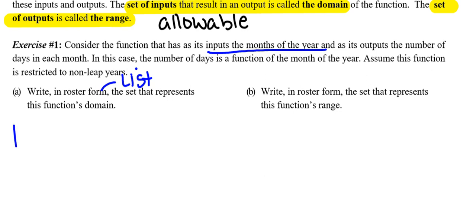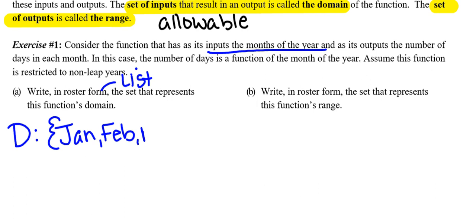So I'm going to put D. Always when you're identifying the domain, you put D colon, and then I'm listing the months of the year. So January, February, March, and so on until you get to December. We always put these brackets around as well.